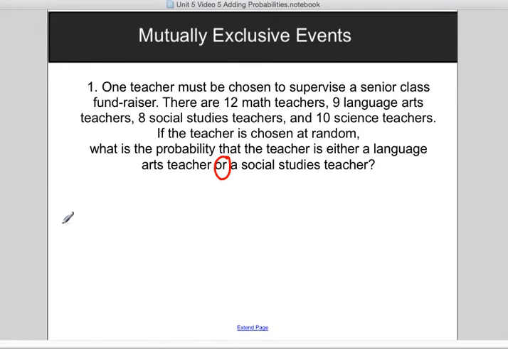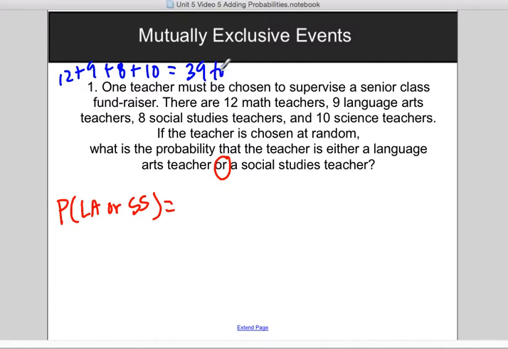What we're trying to figure out is the probability of a language arts or a social studies teacher. First I would figure out how many total teachers there are: 12 plus 9 plus 8 plus 10, which adds up to 39 total teachers.